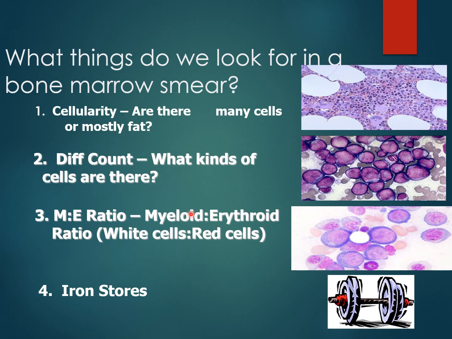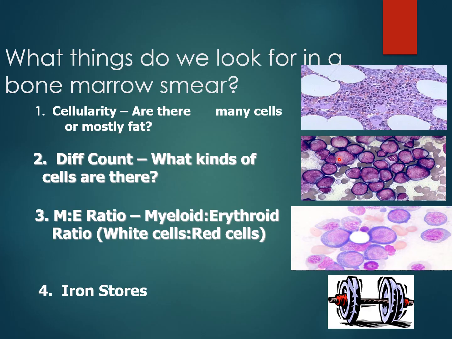Next, after we look at the overall cellularity of the bone marrow, we are going to look at what kind of cells are present. What do the cell populations look like? Are they mostly granulocytes? Are they mostly lymphocytes? Are they varying in different degrees of maturity?